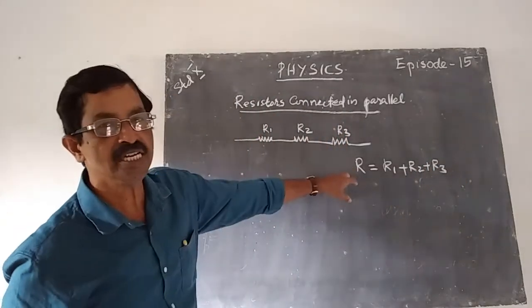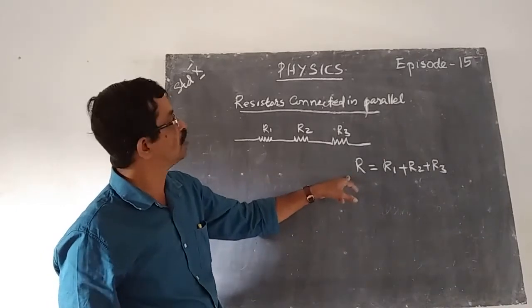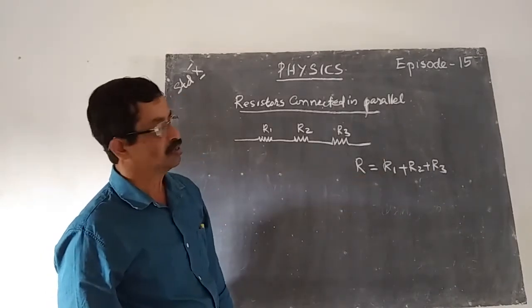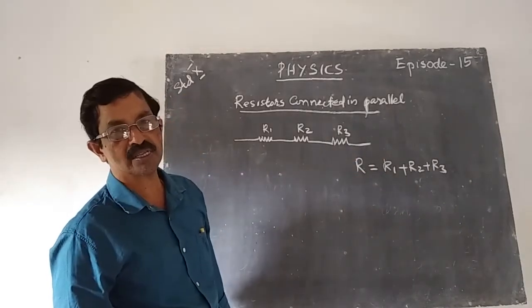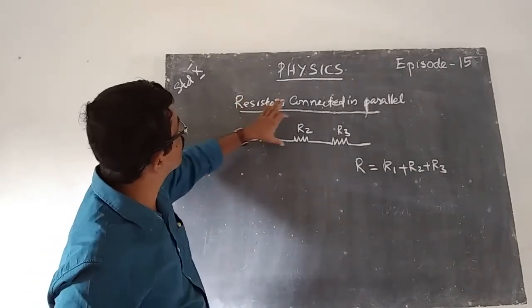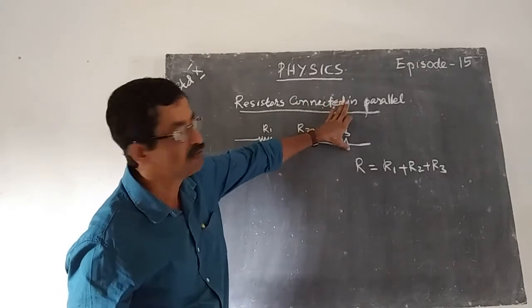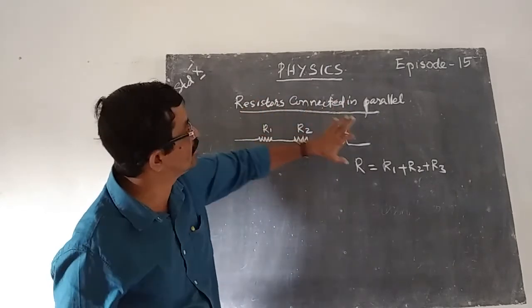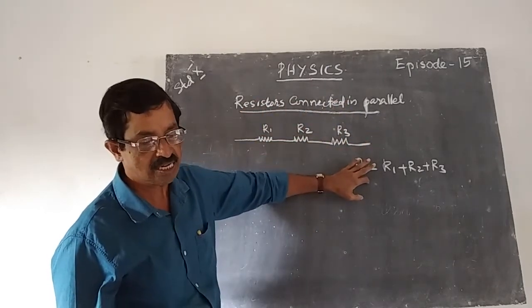This is the relation which gives the total resistance when a number of resistors are connected in series.